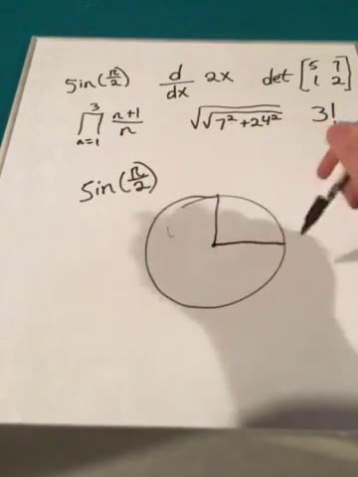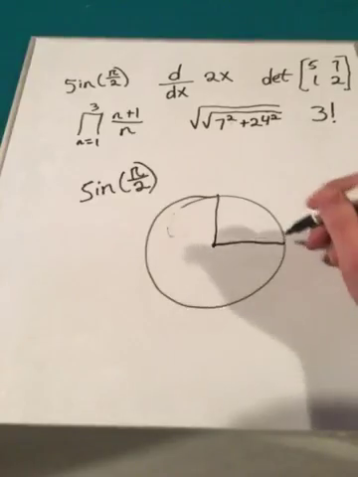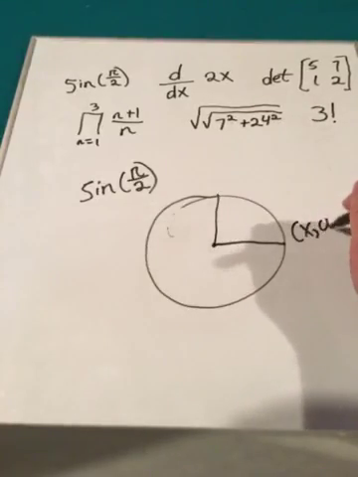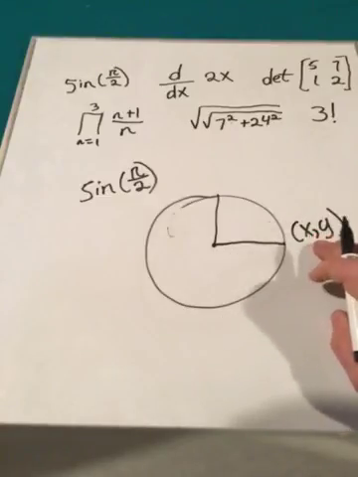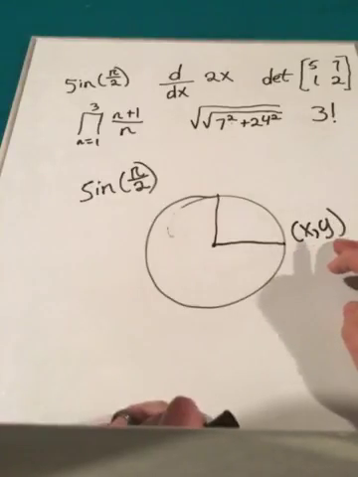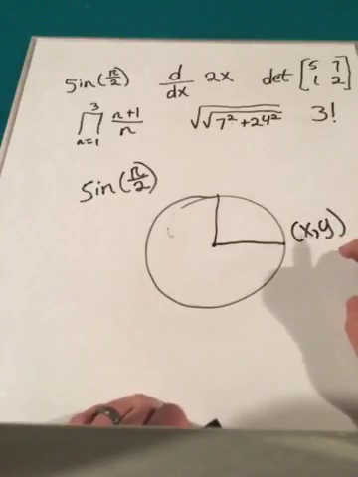This is your Y-axis, this is your X-axis. Any point on this circle, if it's an XY point, the X-coordinate corresponds to the cosine of that angle, and the Y-coordinate corresponds to the sine of that angle.